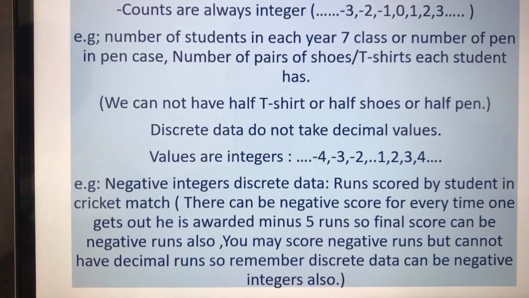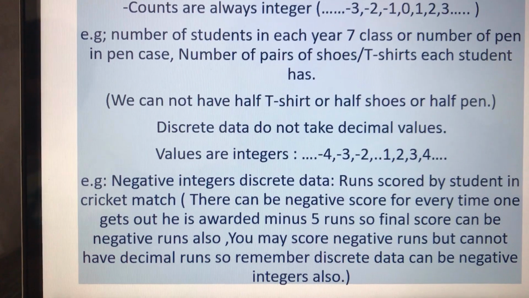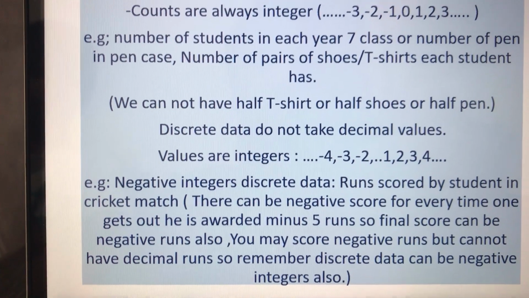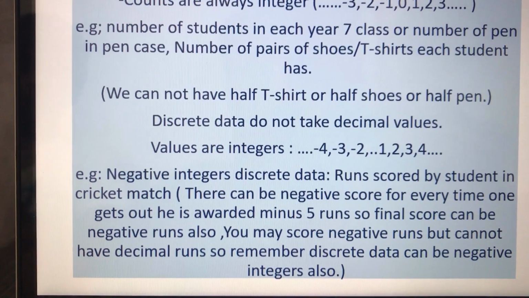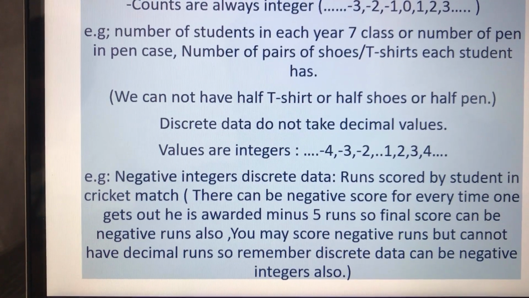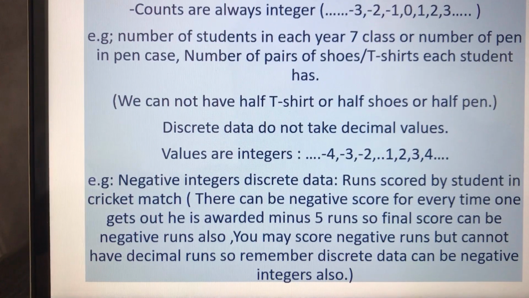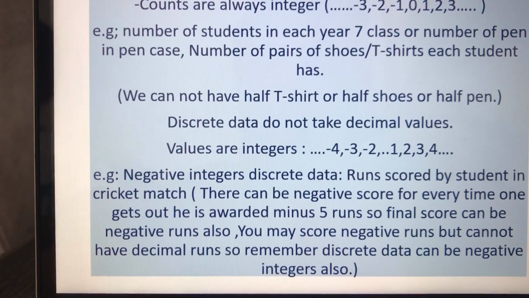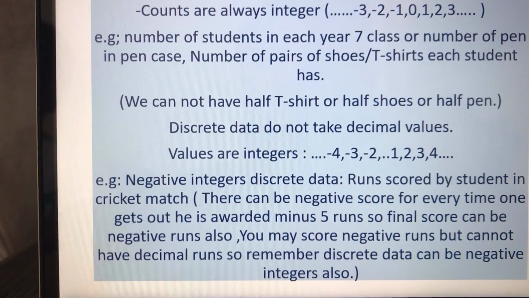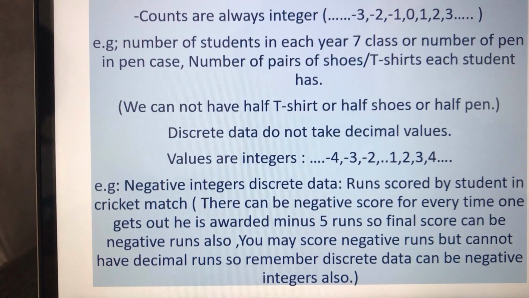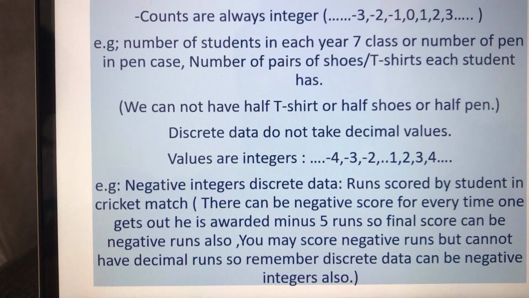What can be an example of discrete data with negative integer value? The best example that comes to my mind is when I see in KGV school on Sunday in a cricket match for under 13 HKCA cricket match, they have a pair cricket where every time a student gets out, he is awarded -5 runs.